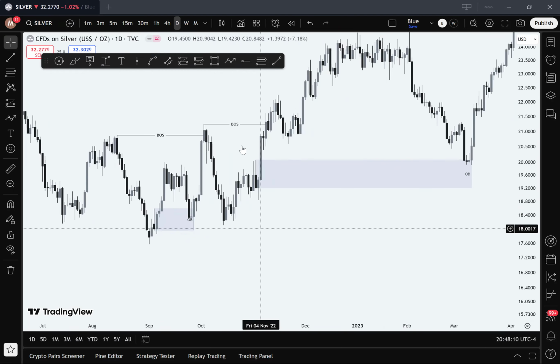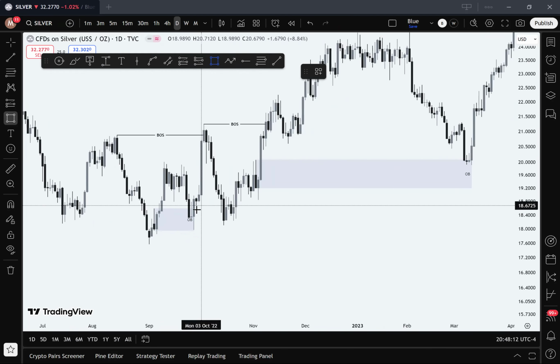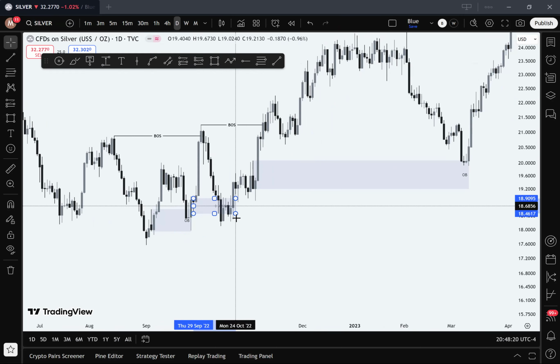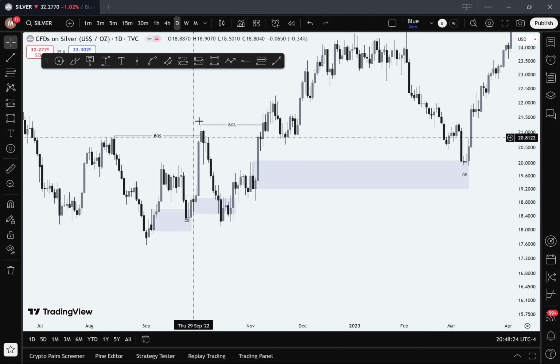What is the valid order block right here? It is this last bearish candle right here that broke structure. This little candle right here is the one that led the bullish momentum to break structure.